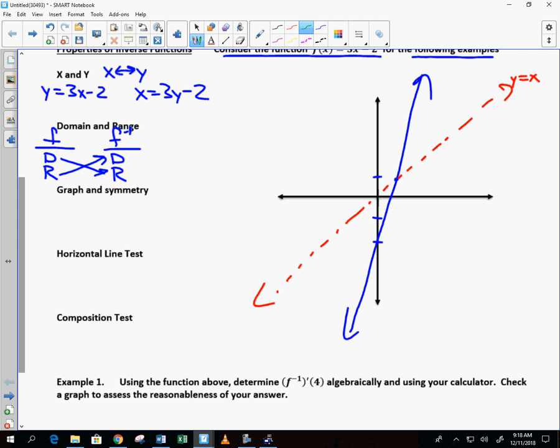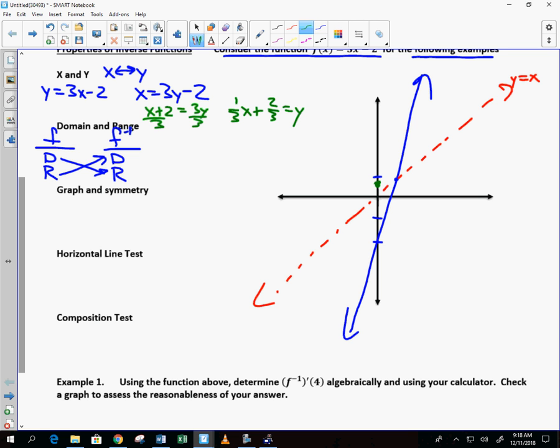So if I solve here for y, I get x plus 2 is equal to 3y. I divide by 3, and I get 1/3 x plus 2/3 is equal to y. Turns out that's the inverse function. If I were to graph that, a couple things.